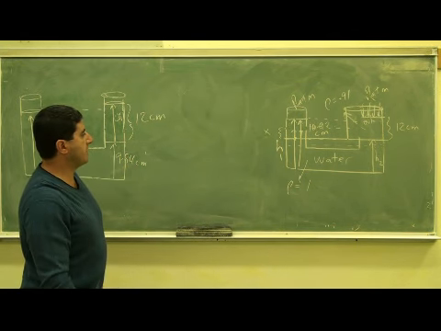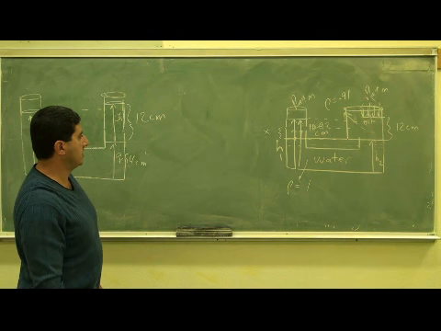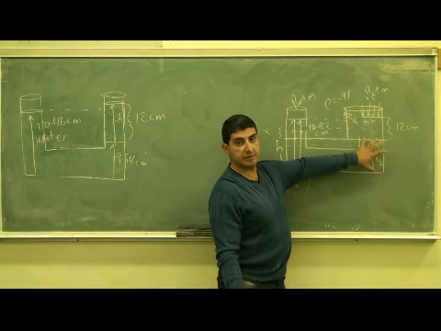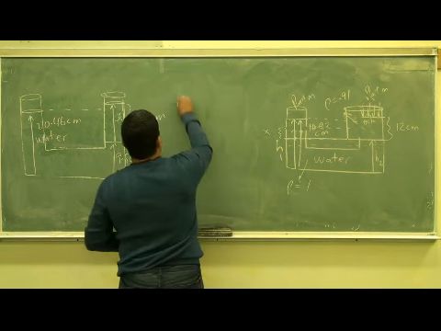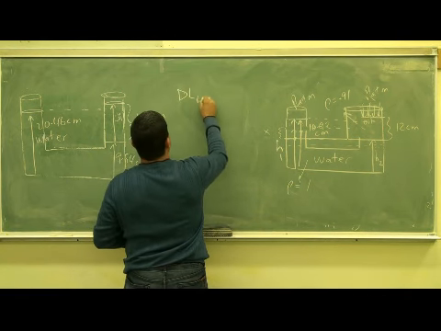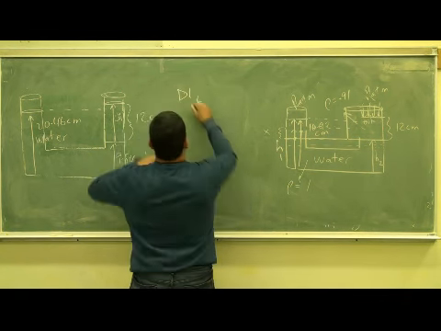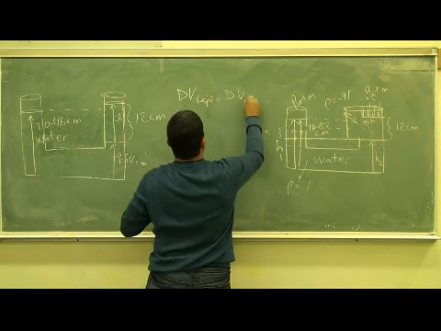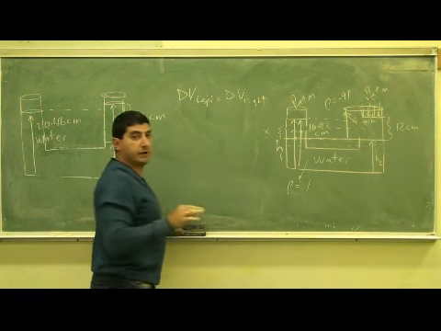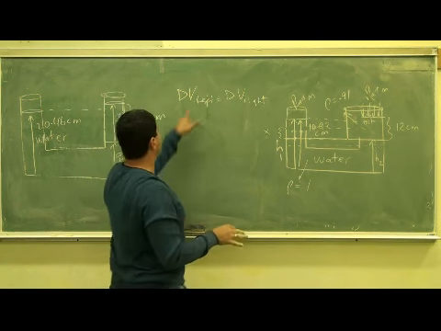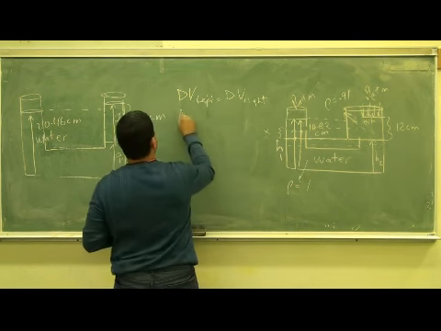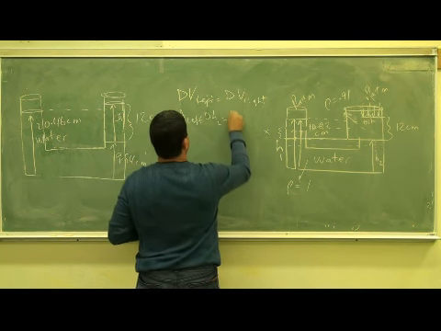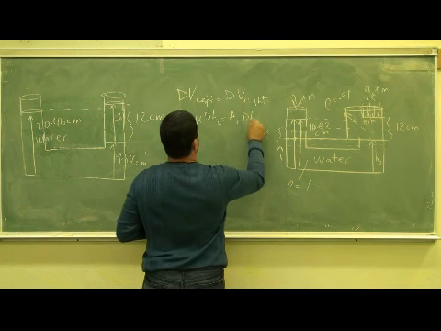However, this time what would happen is you have the volume displaced here. We could start with delta V left is equal to delta V right. And again, I'm talking about magnitude. And then A left delta H left is equal to A right delta H right.